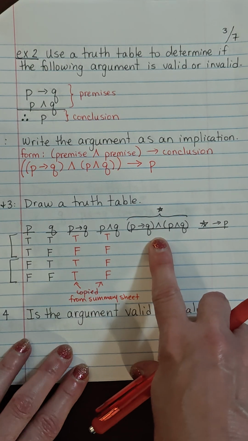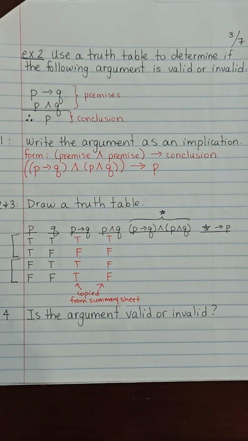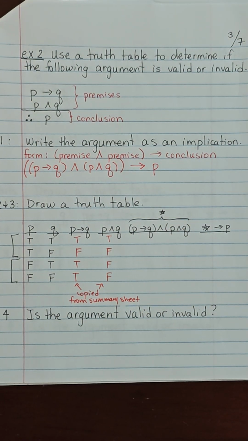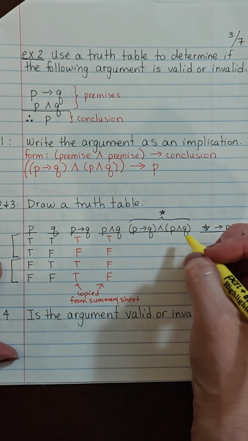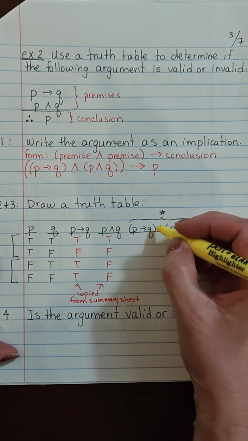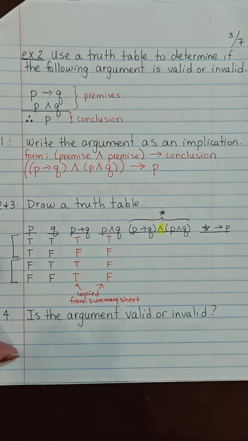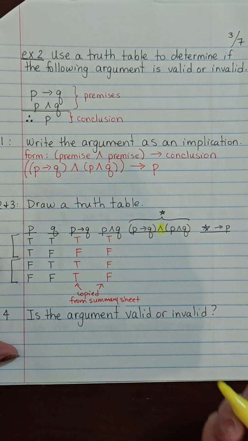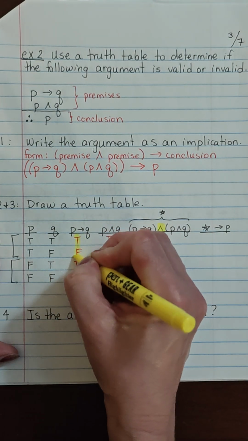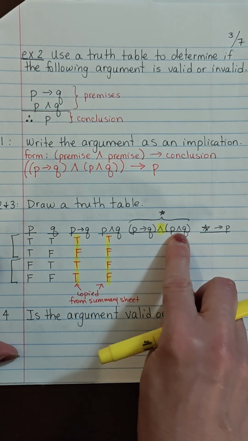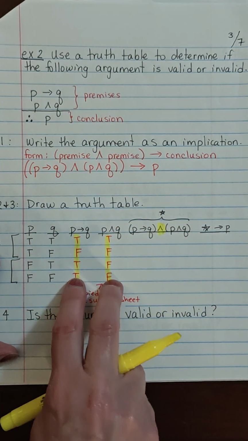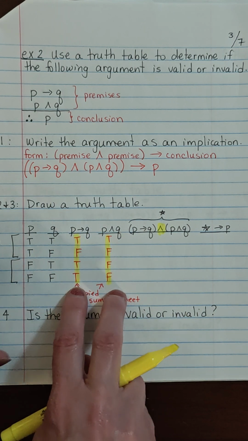All right, this one looks a little menacing, but we know by now that it's always just one operation. The only thing new in all of this is that conjunction right there, that and. And what am I anding together? This P to Q and this P and Q. So I'm doing the conjunction of those 2 things. So there's my operation, and there's who I'm doing it to.